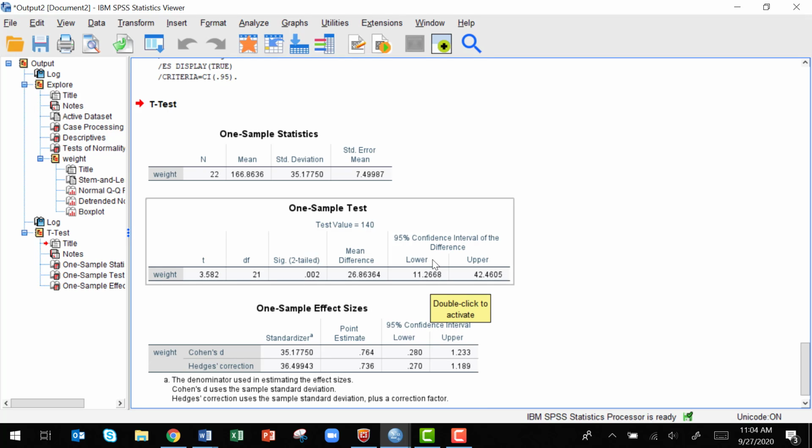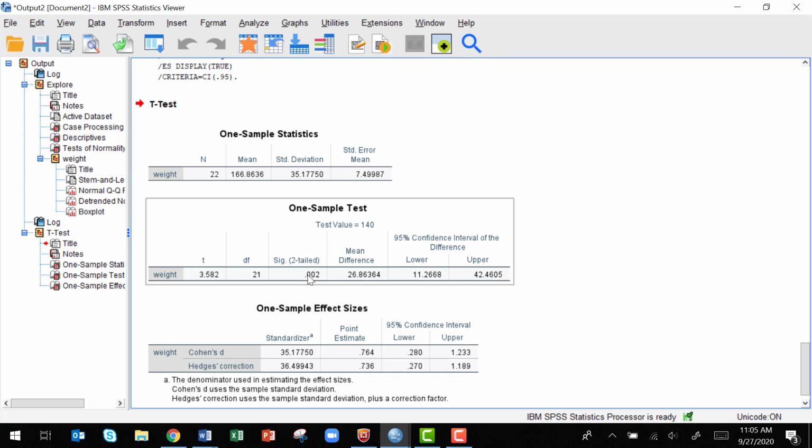So when I look at the weight, all right, I have this t is equal to 3.582. My sigma, two-tailed sigma, is 0.002. So what I have to ask myself is, is my p less than 0.05?